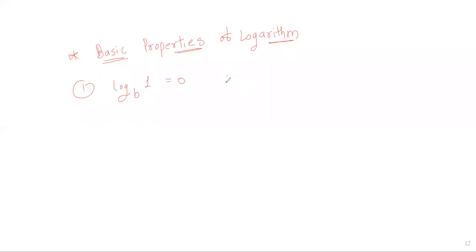See the example is log of 1 to the base 2 is equals to 0. म्हणजे लॉगॅरिथमच्या पुढे 1 असेल तर त्याचा आन्सर काय येणार 0 येणार. Logarithm of 1 is always a 0.